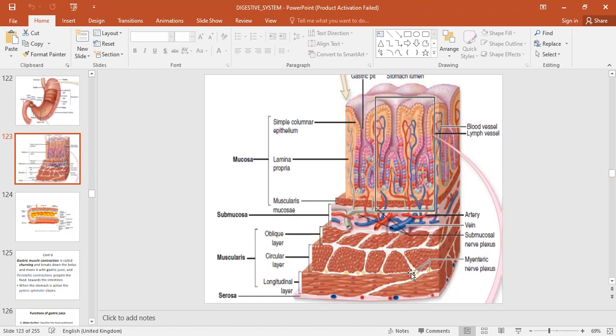In addition to that, these nerves I've mentioned, the myenteric plus the submucosal, are also connected to the vagus nerve. Therefore, the vagus nerve plus these two nerves are responsible for controlling digestion.